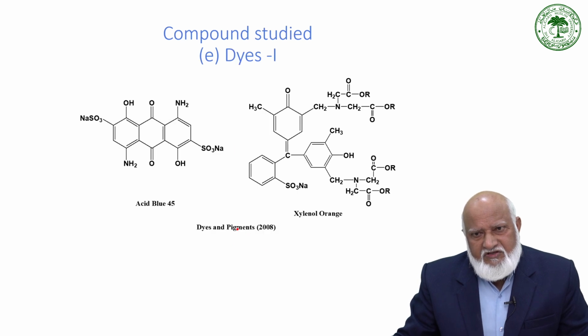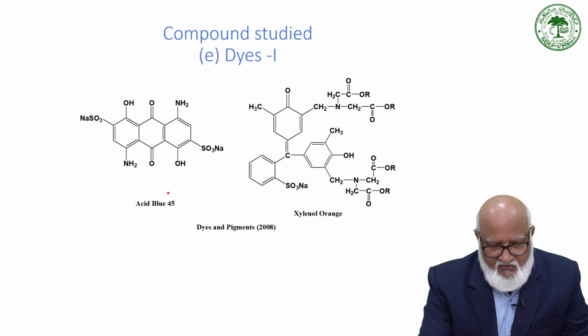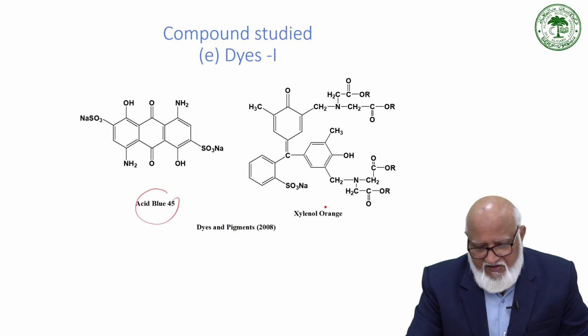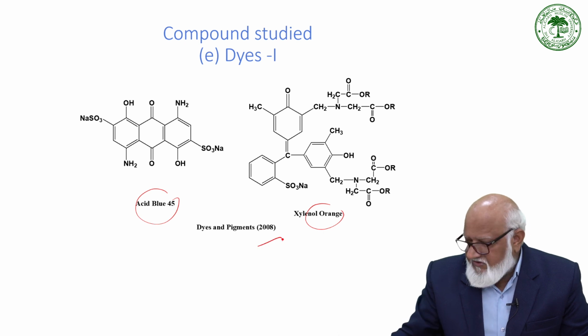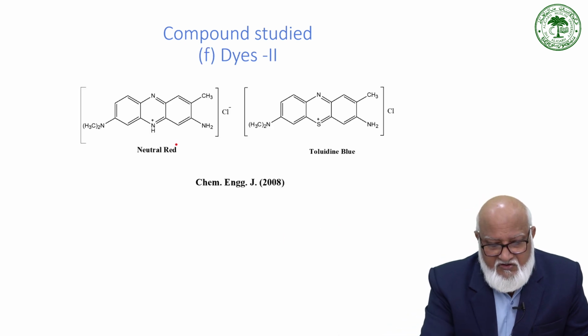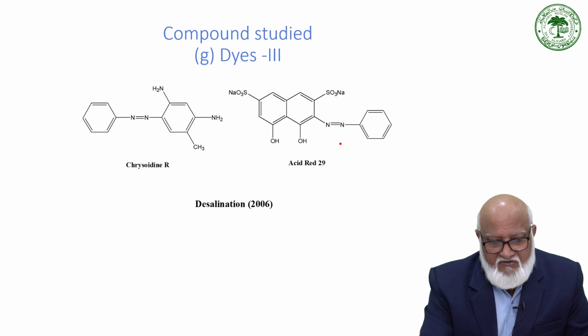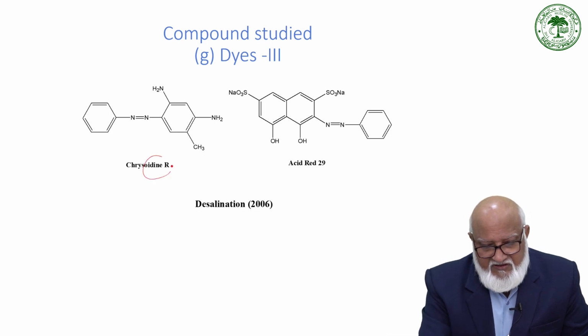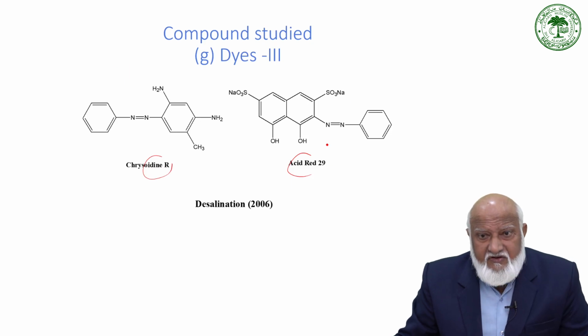In addition to these pesticides, we have also studied the degradation of dyes such as acid blue 45. We have also studied xylenol orange, and this is also published in this journal. We studied neutral red, toluidine blue, and we also studied chrysoidine, and then acid red. So if we can see here, these are azo dyes.